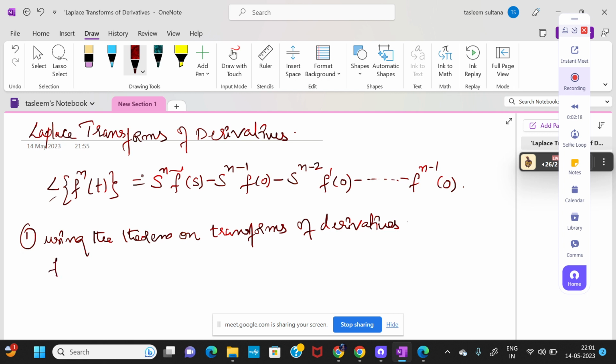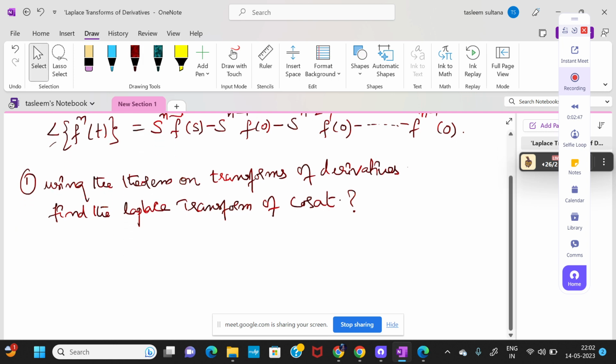Find the Laplace transform of cos at. Now what they are asking in the question is to find the value of cos at by using the Laplace transform of derivatives.